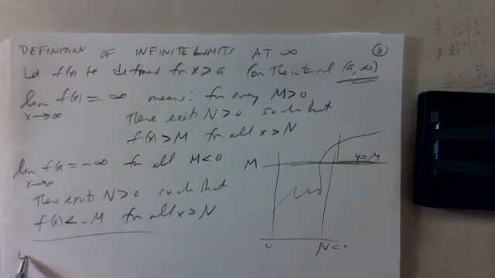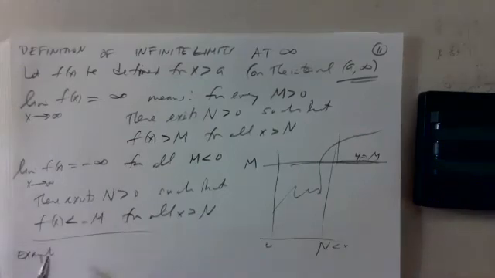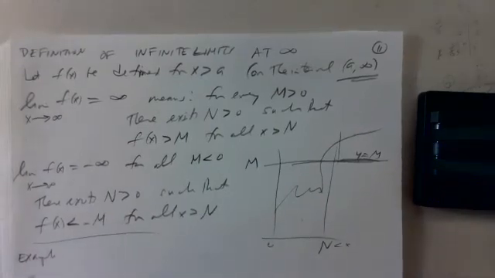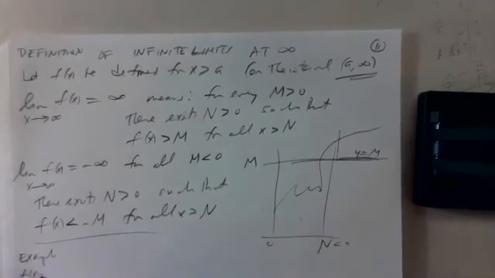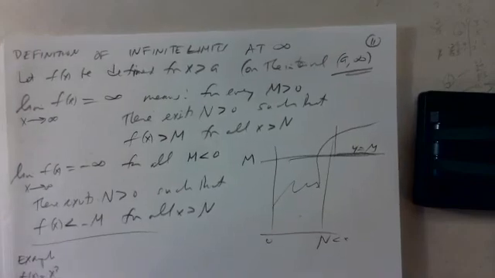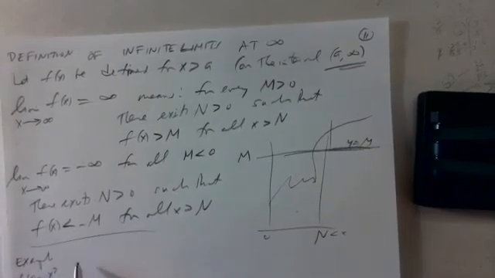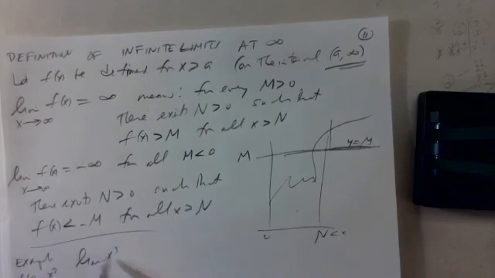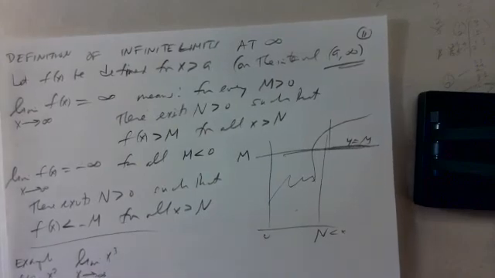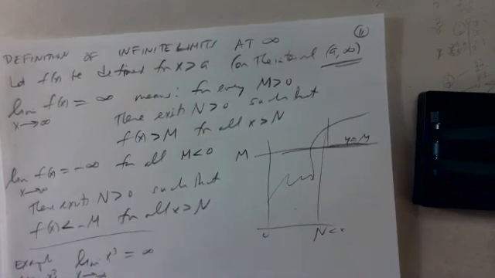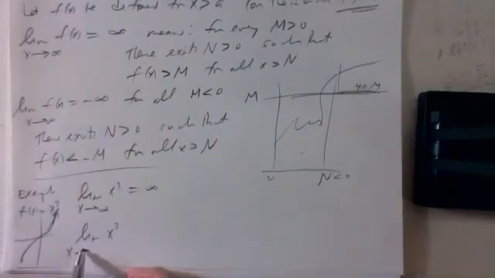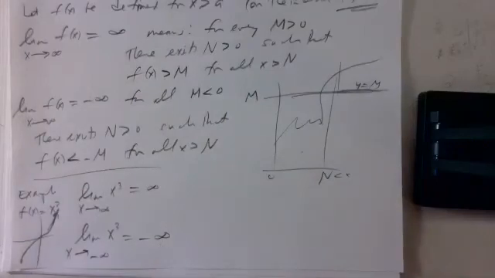So for example, if we look at the function f of x equals x cubed, the graph looks like that. The limit of x cubed as x goes to infinity is plus infinity. And the limit of x cubed as x goes to minus infinity is minus infinity.